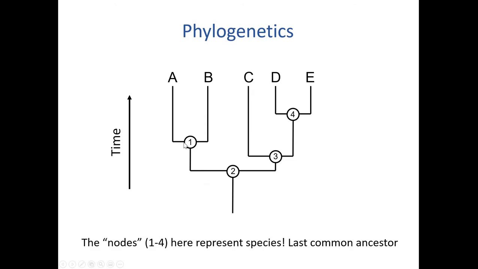So I've labeled them with these 1, 2, 3, 4 here to make them stand out a bit more. So these normally won't be labeled on evolutionary trees, but I've done this just for this exercise to make them more obvious. So the nodes represent species. And these species are the last common ancestors between, so like node 1, for example, is the last common ancestor between A and B.